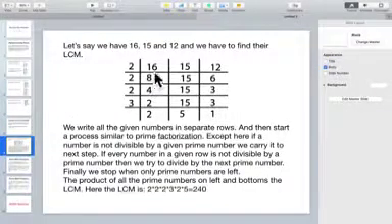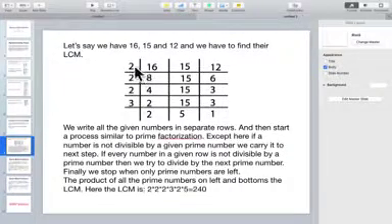Let's say we have 16, 15 and 12 and we have to find the LCM of 16, 15 and 12. So we write all the numbers in separate rows, like first row, second row, third row: 16, 15 and 12. Okay, and then start a process similar to prime factorization. You see we have a table drawn here which is similar to a prime factorization table. Except here, if a number is not divisible by a given prime number, we carry it to the next step.